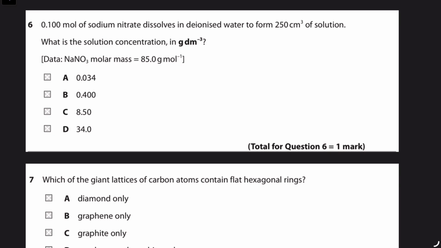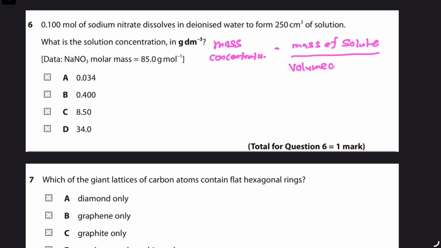Mass concentration equals mass of solute in grams over volume of the solution in cubic decimeters.